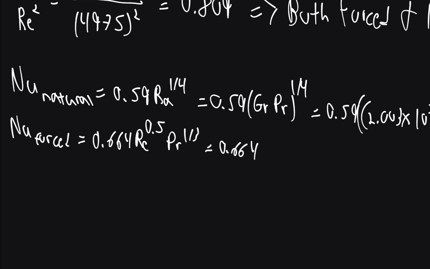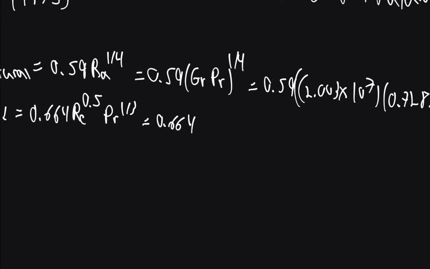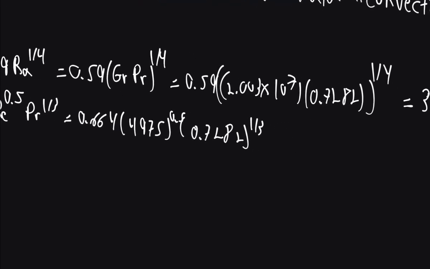It's for forced convection over a flat plate. So that's what this is for. 4975 to the 0.5 times 0.7282 to the 1/3. And we get 42.14.